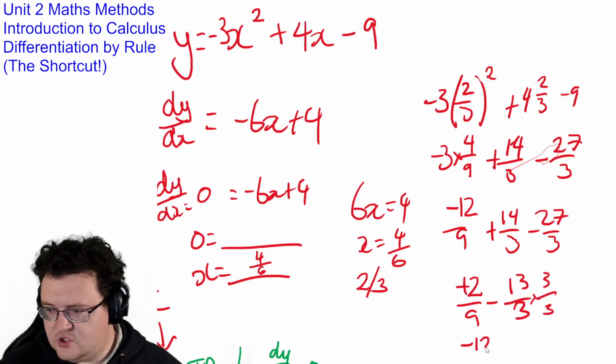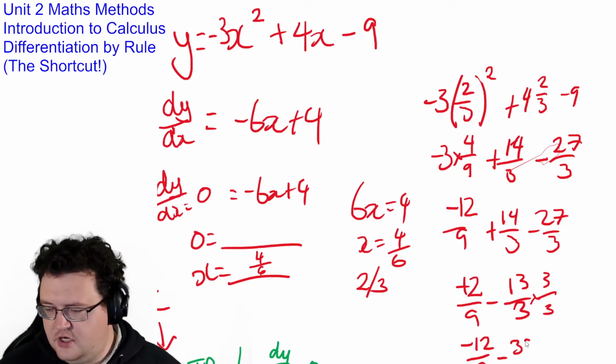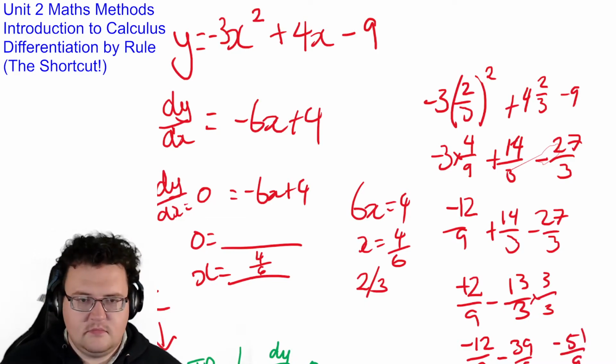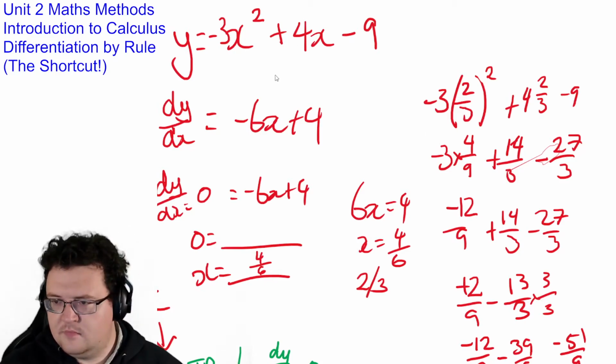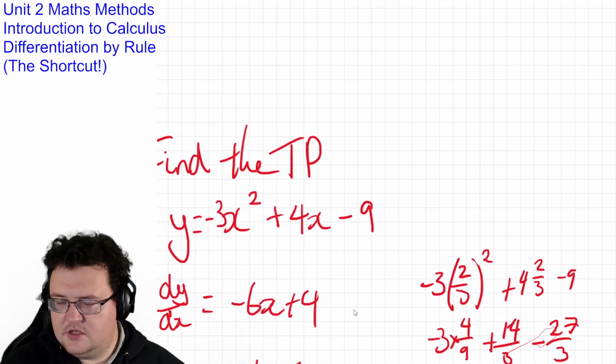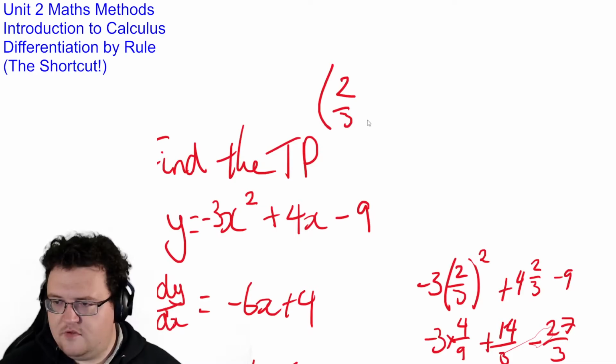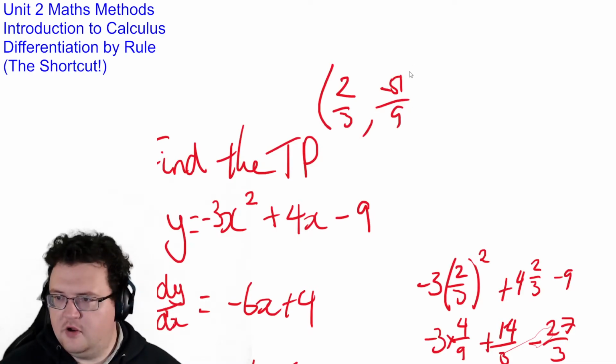So that's minus 12 over 9 minus 39 over 9. So that's negative 51 over 9. So the turning point is 2 over 3, negative 51 over 9.